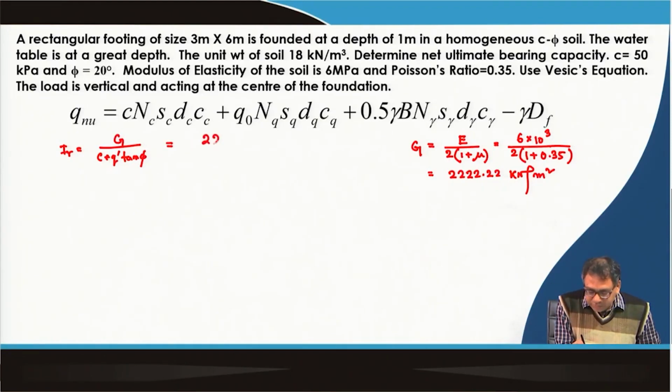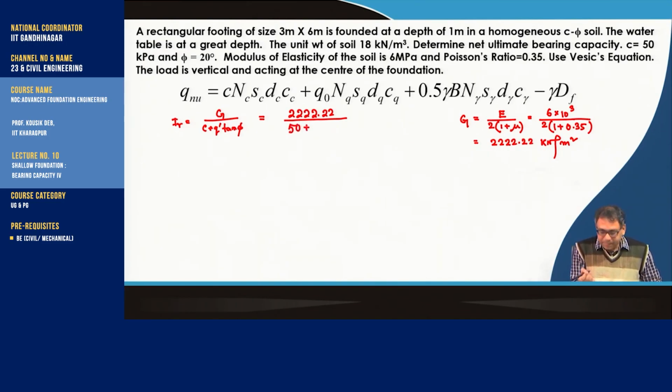So, I can put that G value divided by C, which is 50 kPa, plus q dash, the effective overburden pressure, which we have to calculate at a depth of Df plus B by 2.